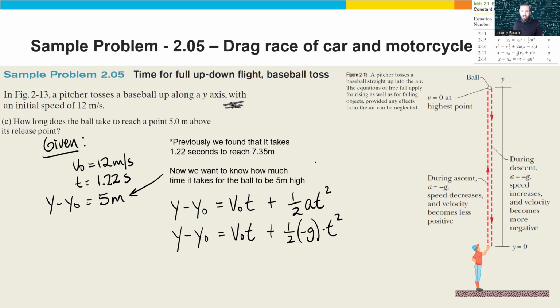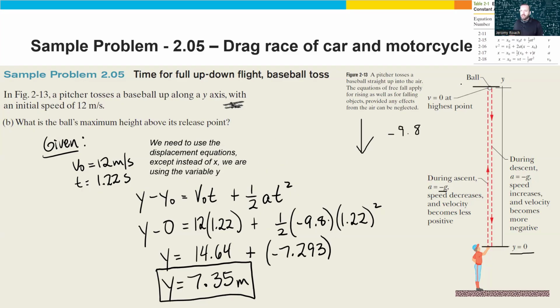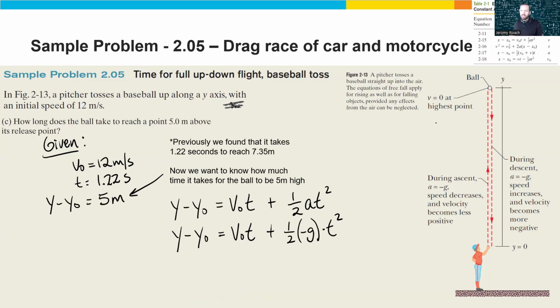All right. Now we want to figure out how long it takes the ball to reach 5 meters above the release point. Here we found 7.35 meters up here, but we want to know how long it takes to get to 5 meters. 5 meters is maybe about there.